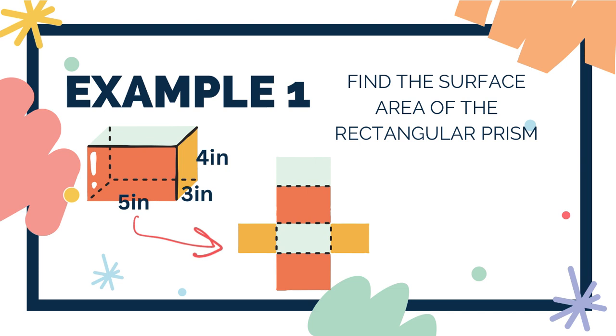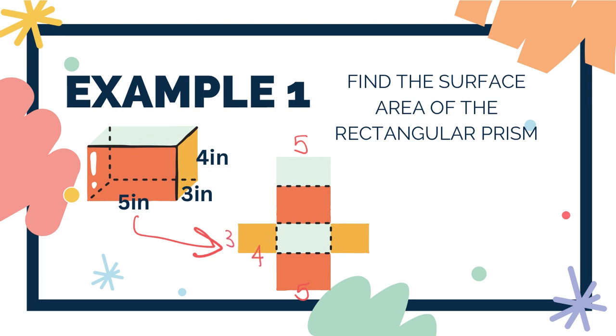So first we should start by labeling the sides. We see that this side is 5 inches. I'm just going to write the number for now. This side would also be 5 inches. This side is 3 inches and this side is 4 inches.